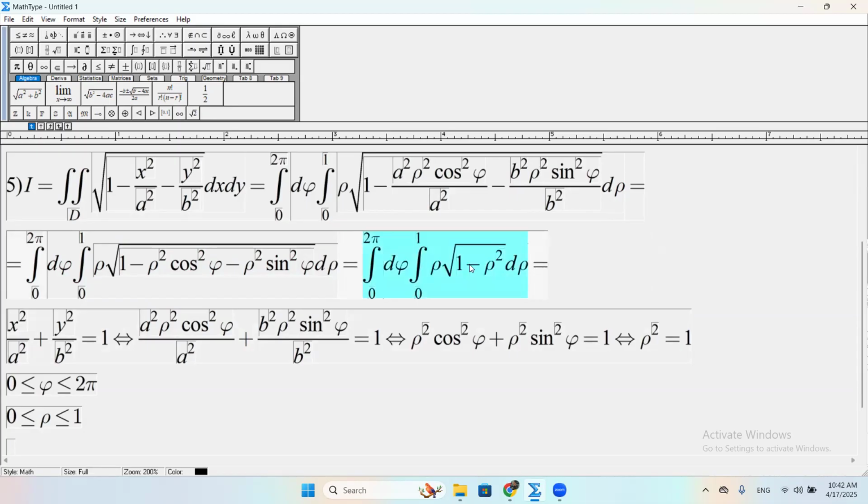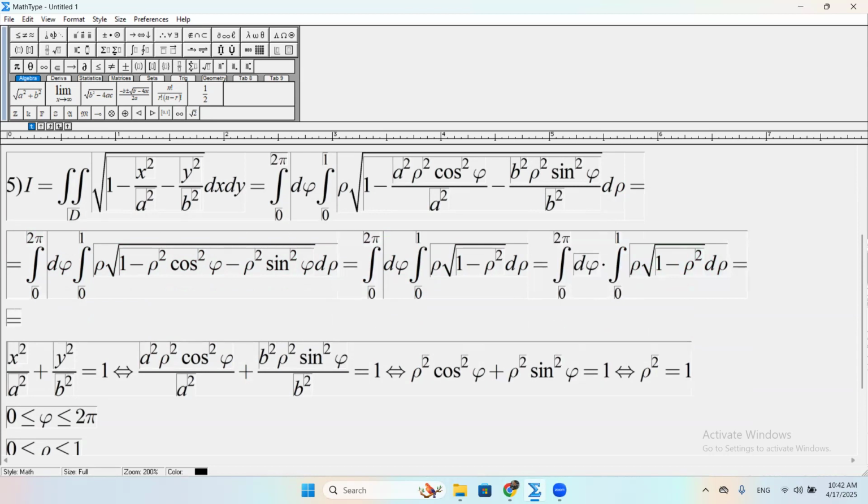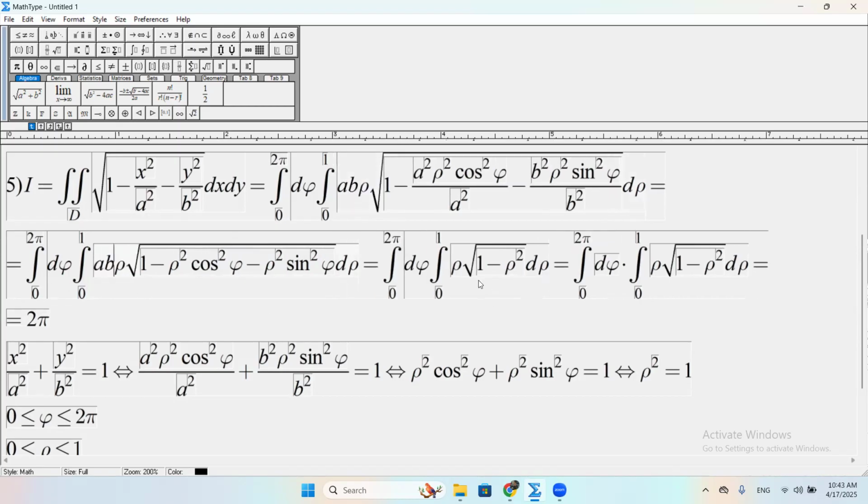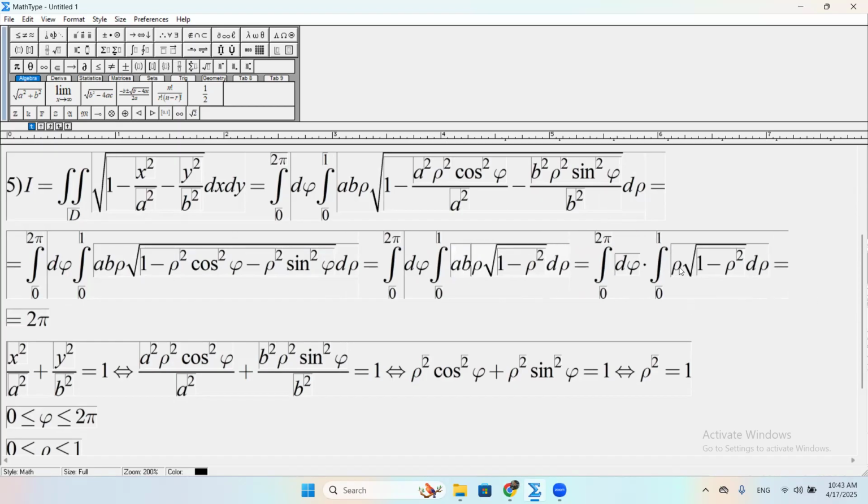Again, let's rewrite it as the product of two independent integrals. This integral by phi obviously will be equal to pi. Yeah, and AB. I forgot AB here. So I told you not to make mistakes, but made a mistake.